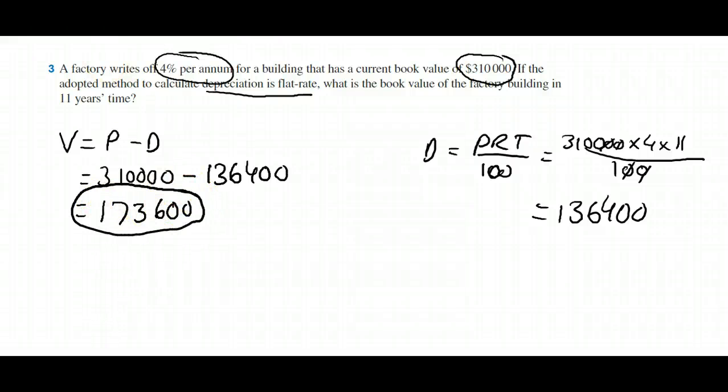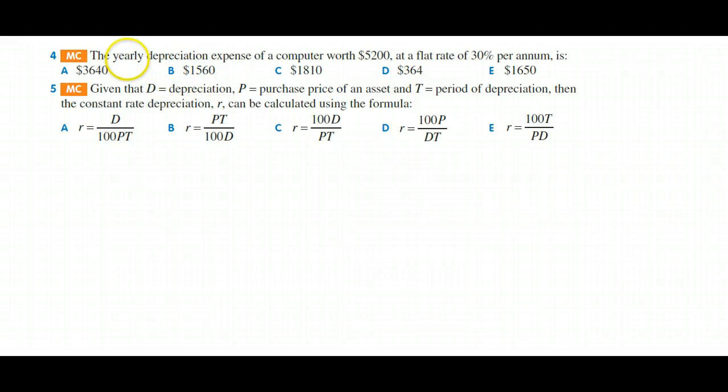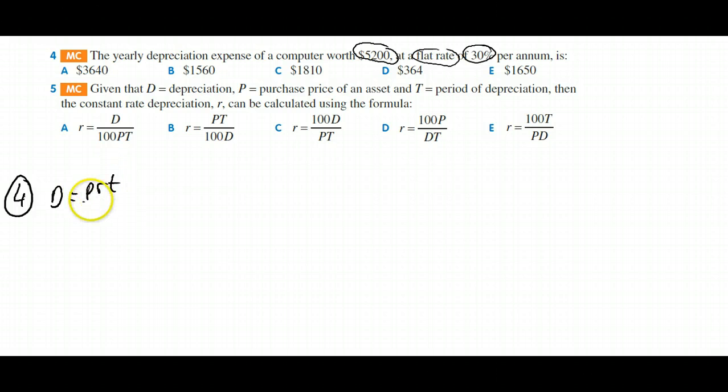Okay, in question 4, we need to work out the yearly depreciation expense of a computer that's worth $5,200. It's depreciating at a flat rate of 30% per annum. So for question 4, we only need to work out the depreciation here. So D equals PRT over 100. P is 5,200. R is 30%, and the amount of time, we're just trying to work it out for 1 year, the yearly amount.